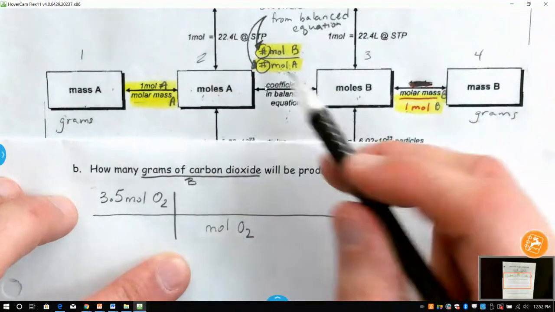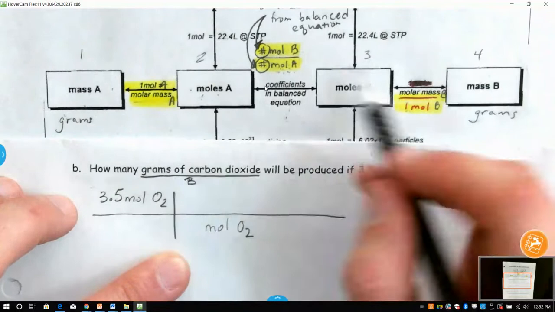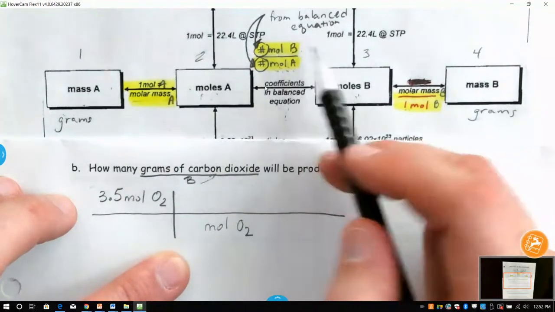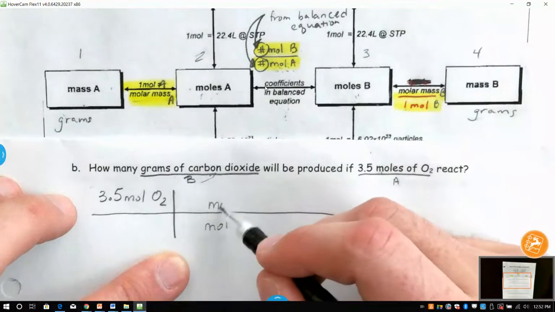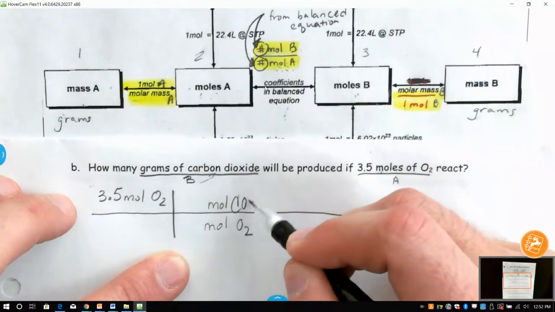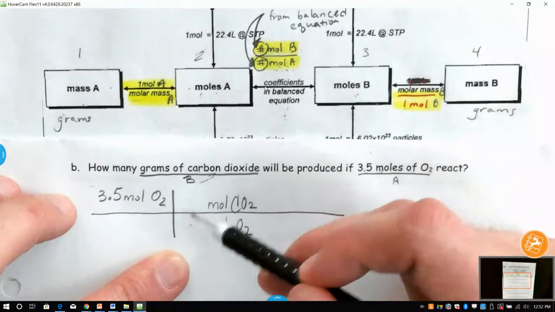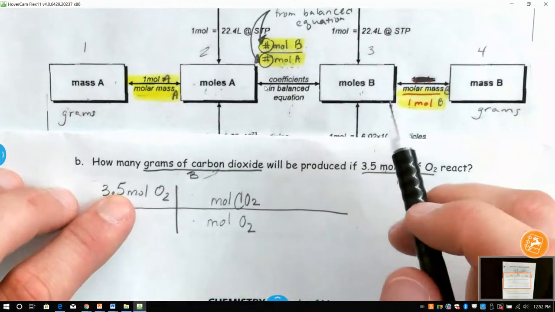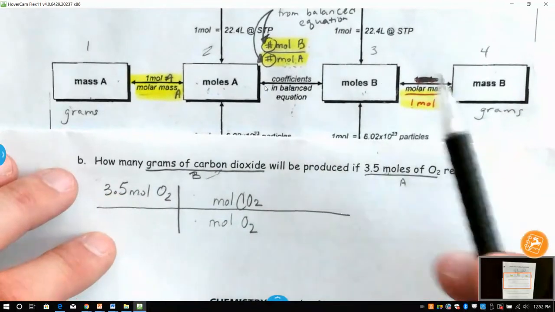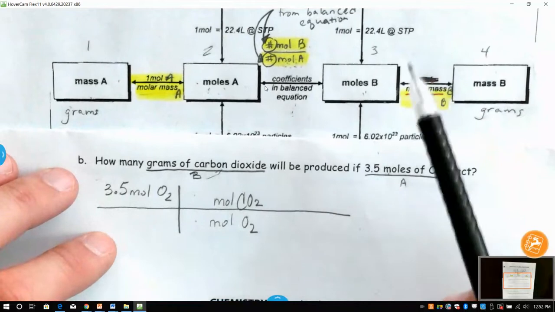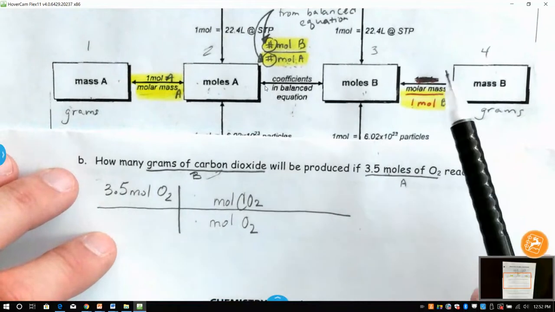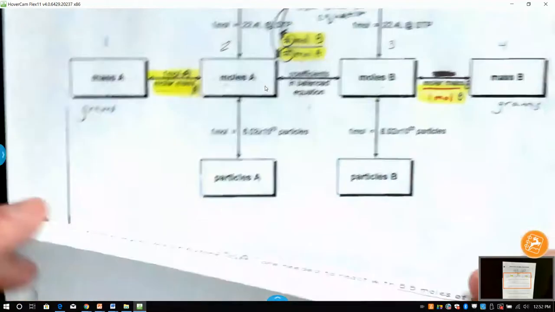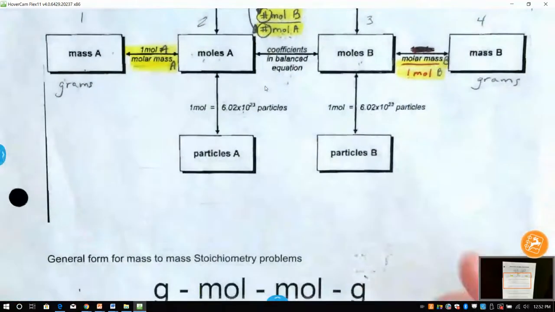So we have to get out of oxygen to move into the other substance. What do they want? It's carbon dioxide. That would be our substance B, so that goes on top. Moles of CO2. Where do these numbers come from? They come from the balanced equation we had just done: 2C4H10 plus 13O2 yields 8 carbon dioxide plus 10 H2O.